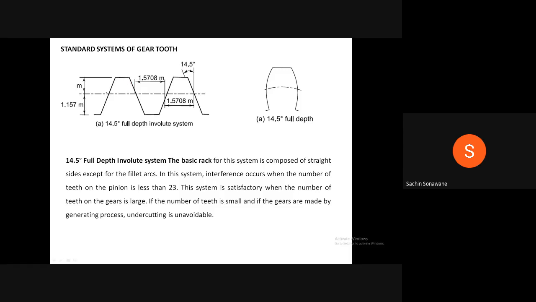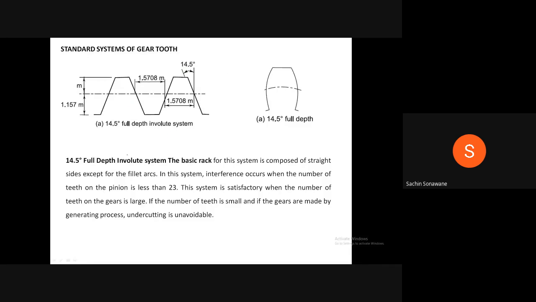Therefore, to identify the pressure angle for that gear tooth, if the rack gear has teeth inclined at an angle of 14.5 degree with respect to vertical, then we can say that gear is having 14.5 degree pressure angle.